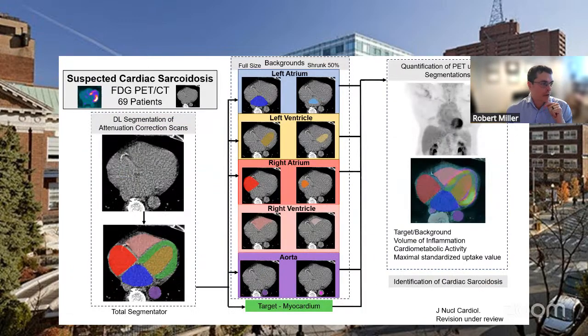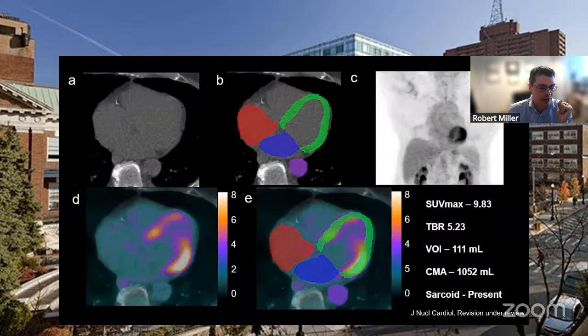We are working on applying the same process to sarcoid studies, which are potentially more problematic to segment automatically. And that's just because with sarcoid, you get a bit patchier uptake. So software systems are able to reliably find more continuous uptake that you can see in ATTR cardiomyopathy sometimes.